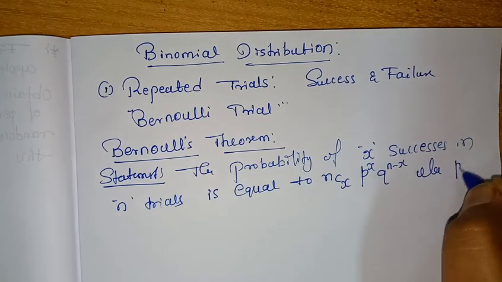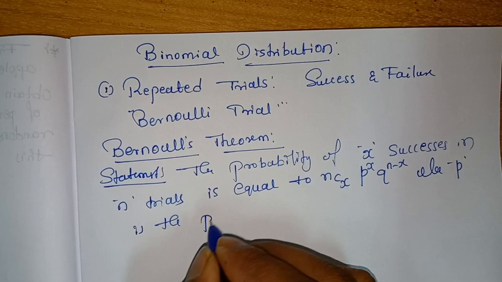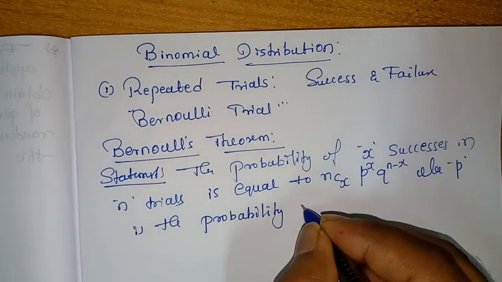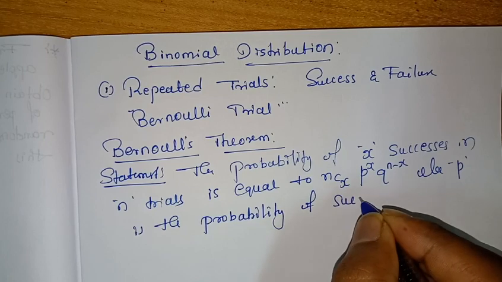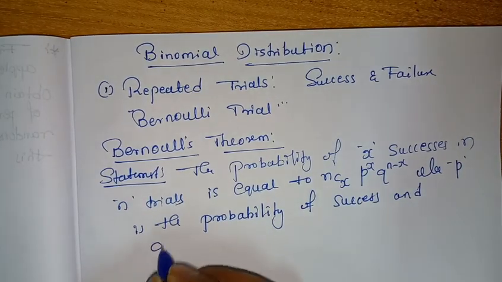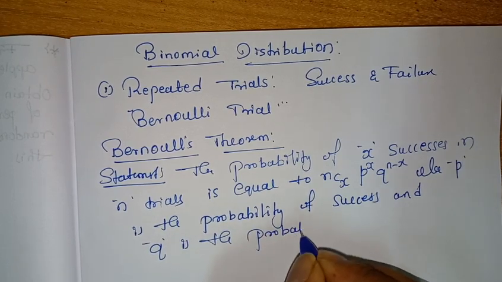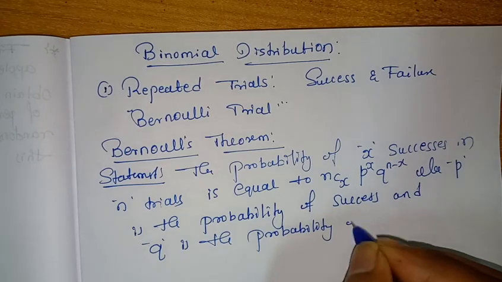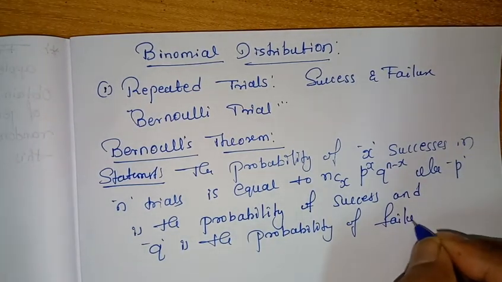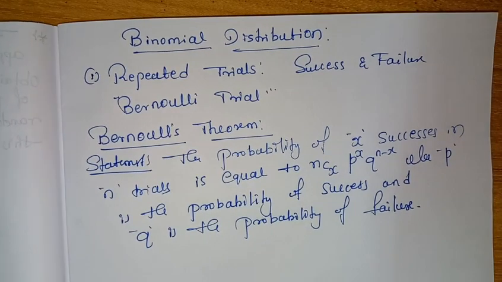Here p is the probability of success and q is the probability of failure. This is a very important prerequisite for binomial distribution.